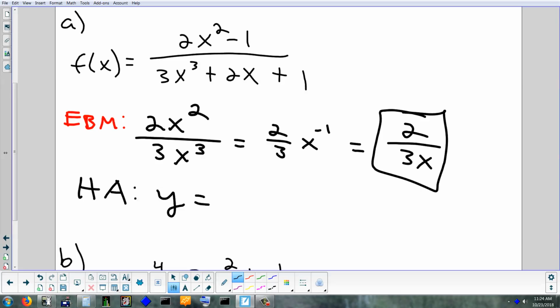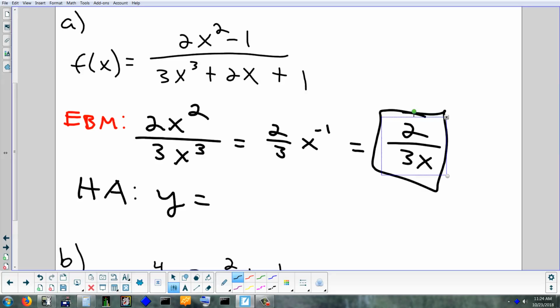If it was a vertical asymptote, it would be x equals. And if you plug in a really big number for x, what does that fraction approach? 0. If you plug in like 10,000, you'd have 2 divided by 30,000. Very, very small. So it's approaching 0.